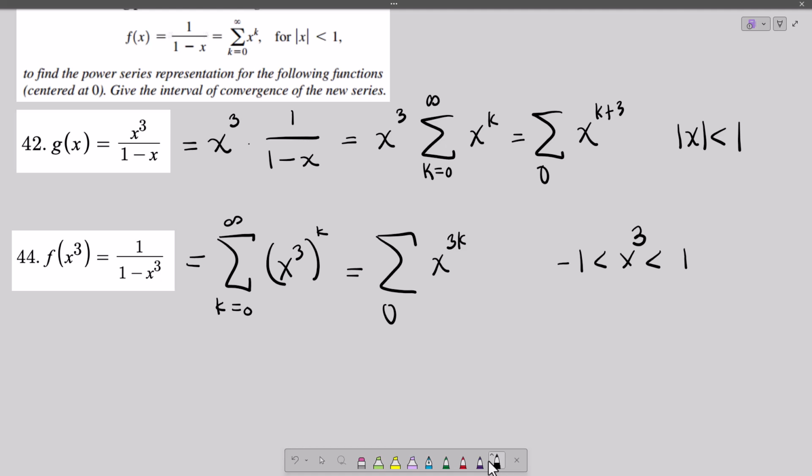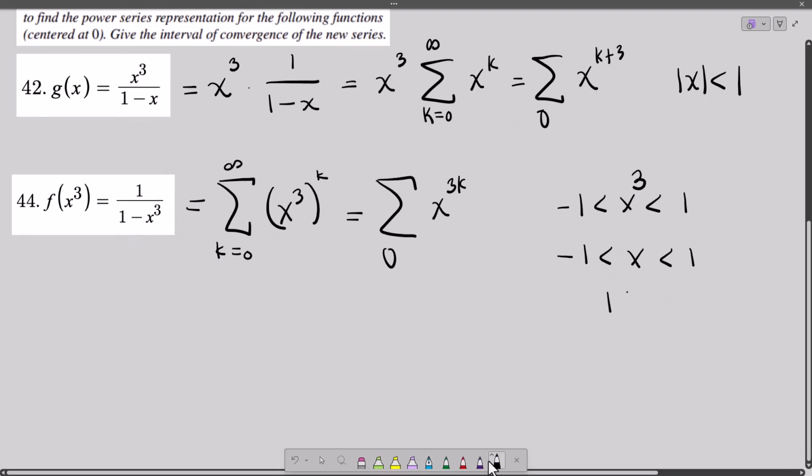When you have an odd power on an inequality, you can just take the odd root of all three pieces, and you're fine. So this inequality actually is not going to change. You can take the cubed root of all three pieces. So our interval of convergence here actually did not change. It is the same.